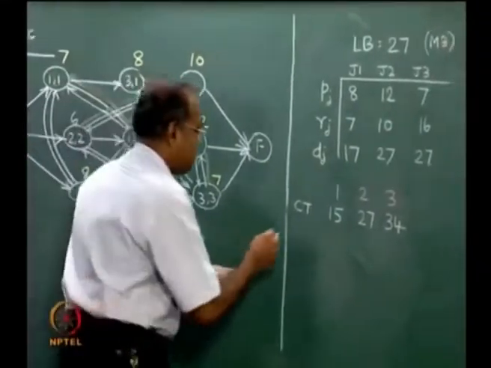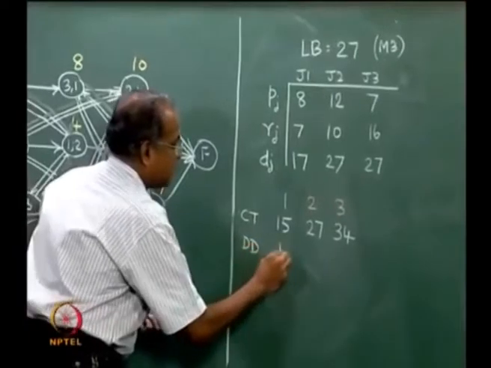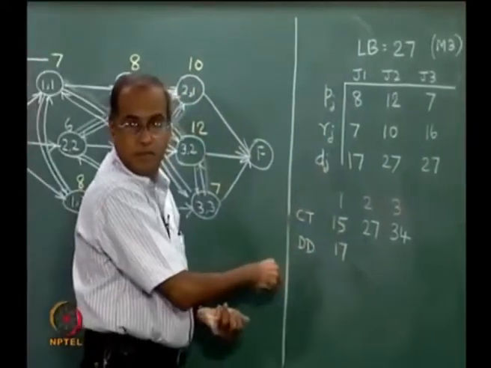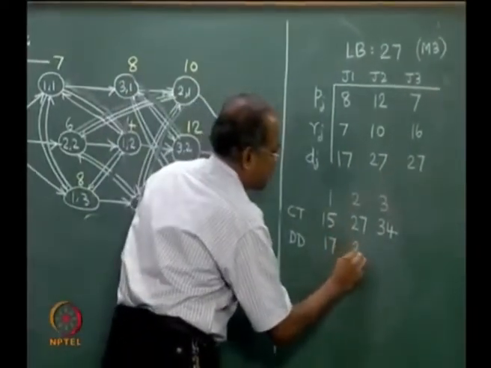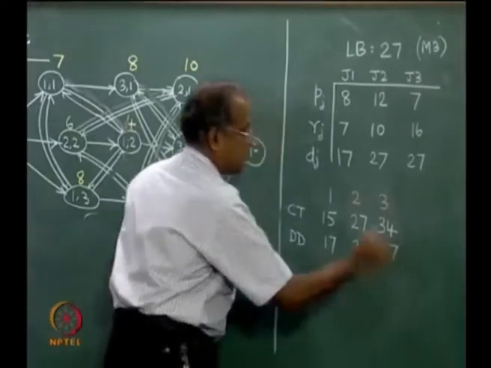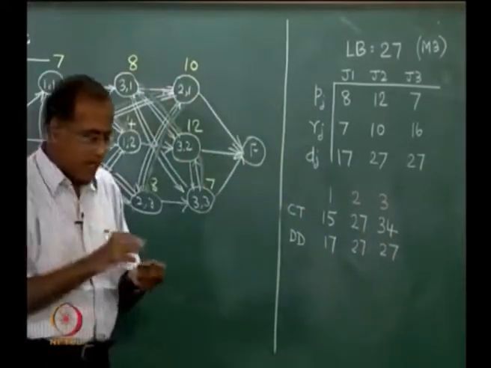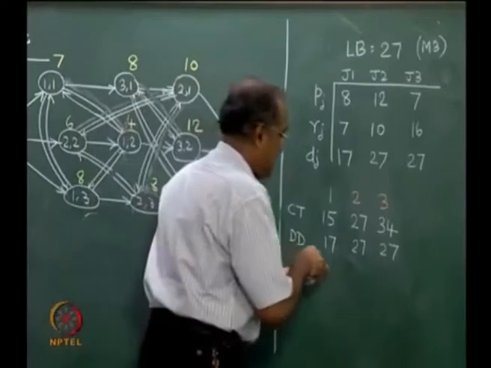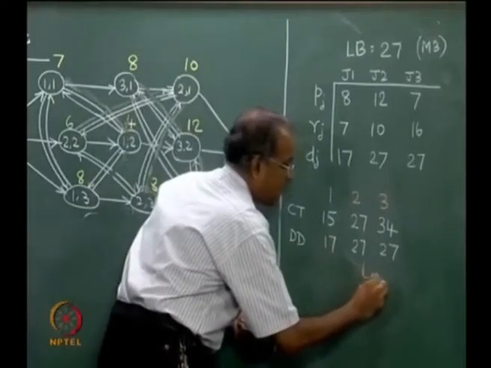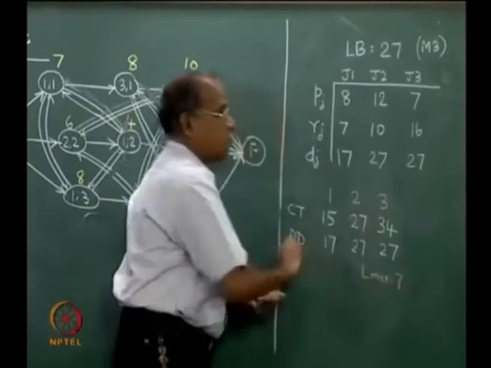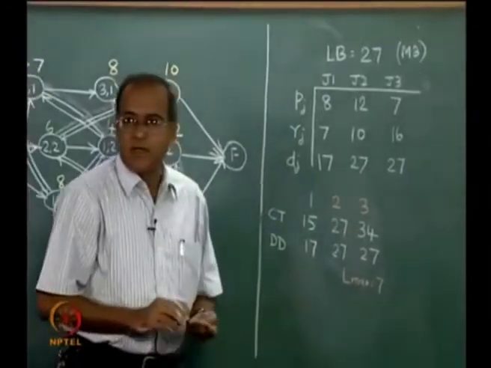Now, due dates 17 here, for 2 also 27, for 3 also 27. So, Lmax is 7. So, lower bound is 7.